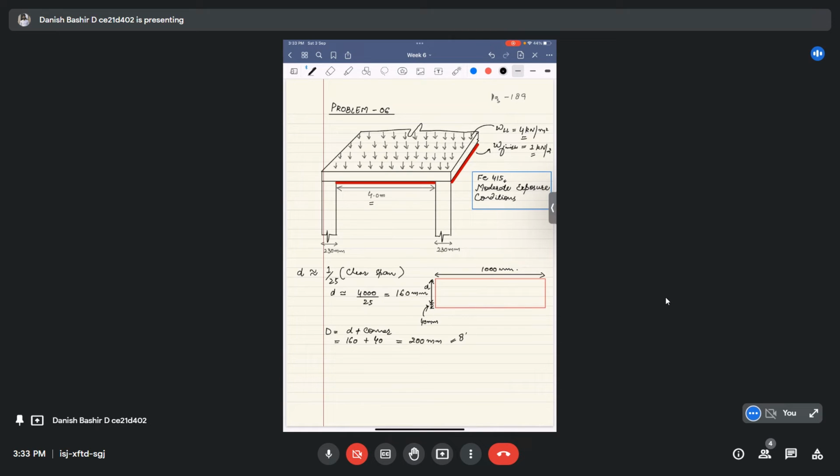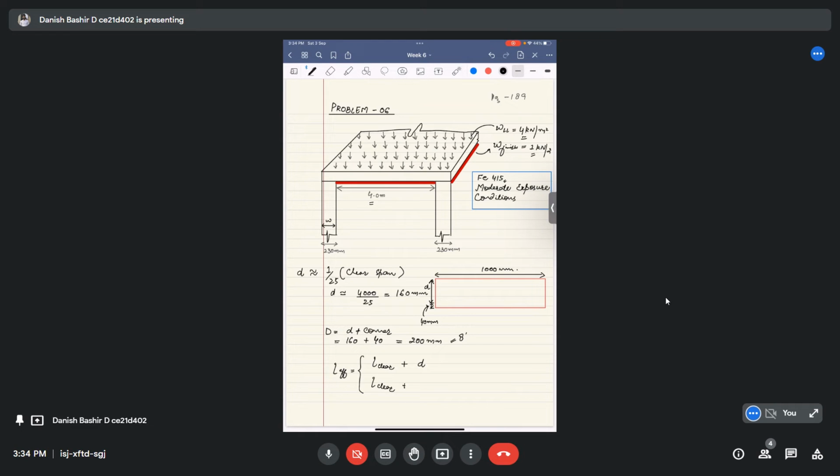Now we have to calculate the effective span of our slab system. As per code, the effective span L effective is the lesser of two values: the clear span plus effective depth, or the clear span plus the width W of the supporting walls.